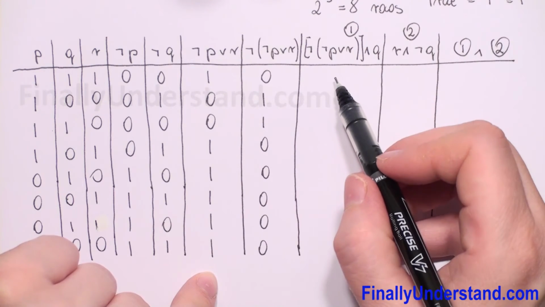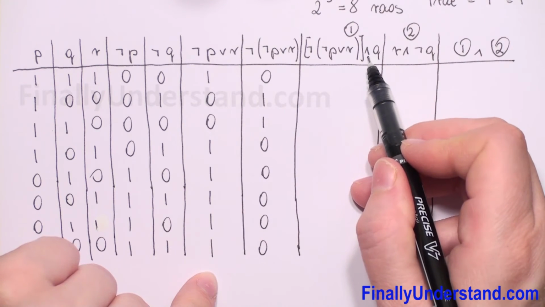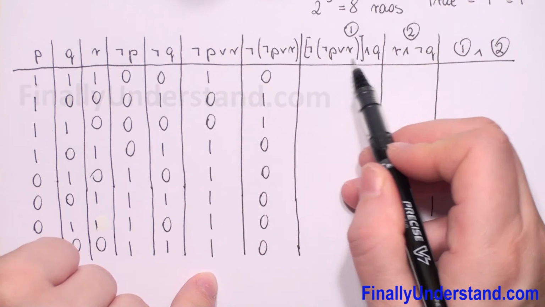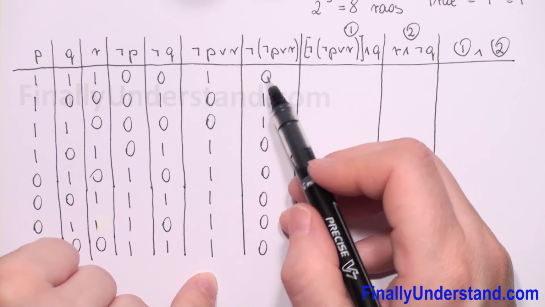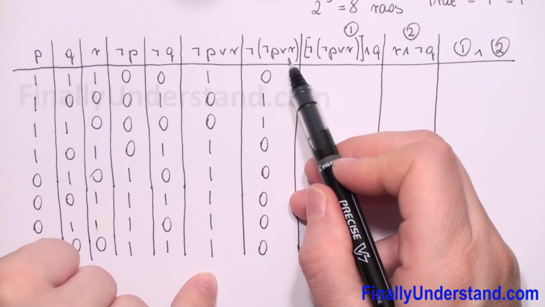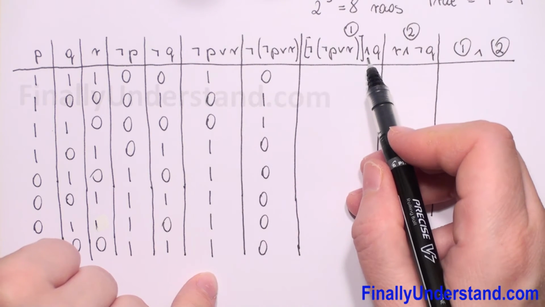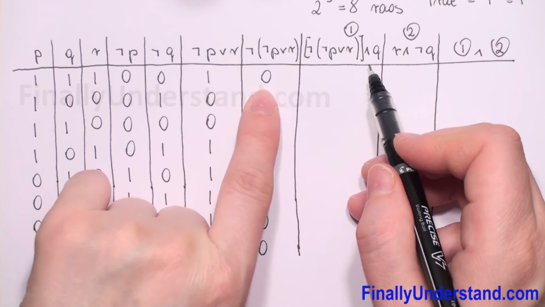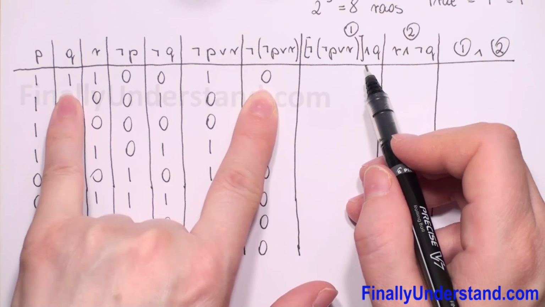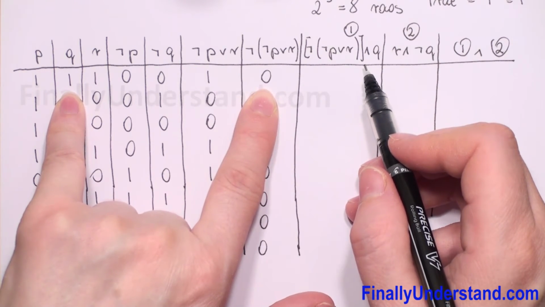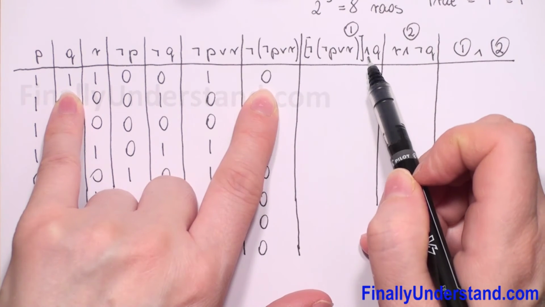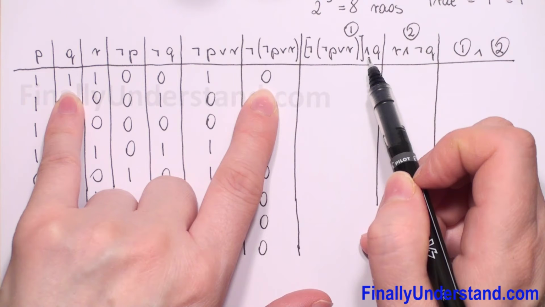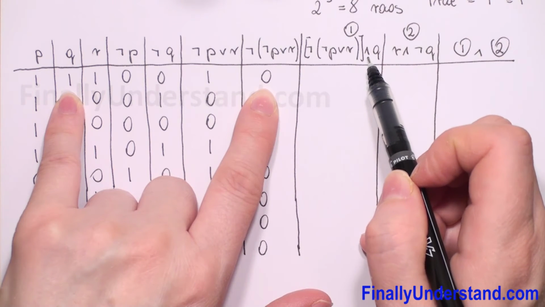Next, we have a conjunction between these two statements. We have not, and in parentheses not P or R, and we have and Q. So we have to look at this column and the second column. So we have and. Conjunction is true when both of the statements are true.